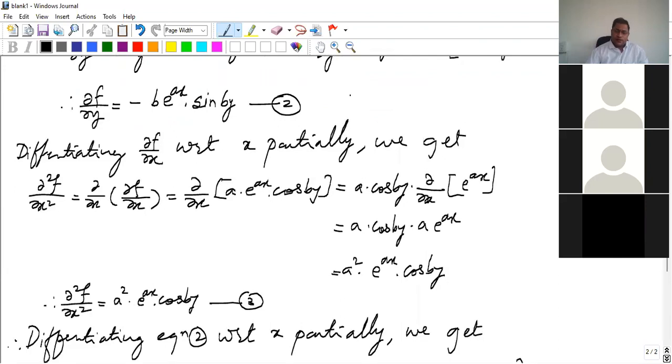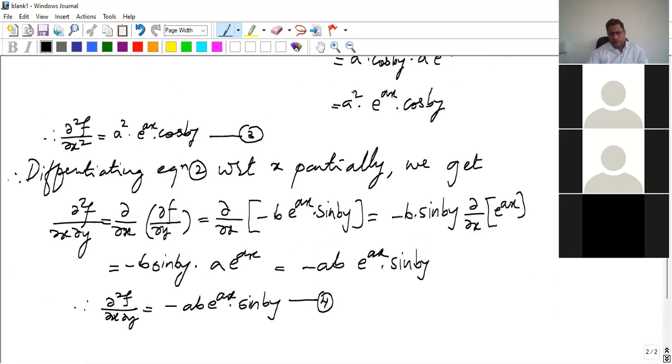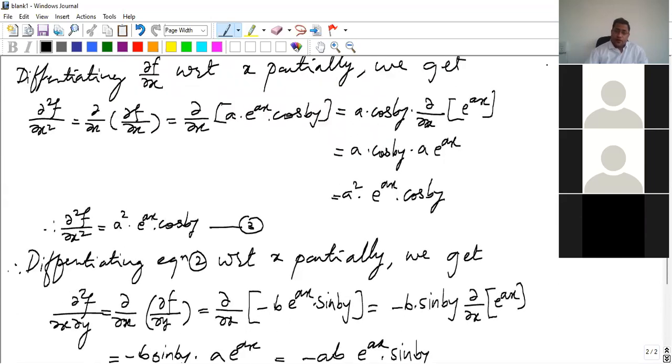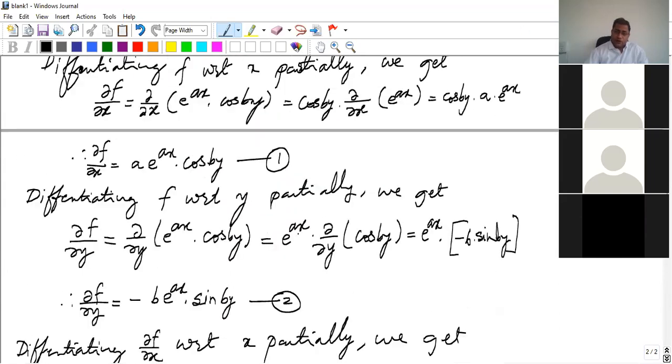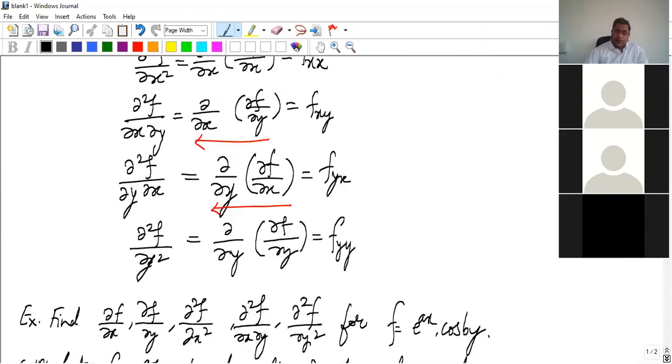Excuse me, sir. In the final equation, you wrote ∂²f upon ∂x ∂y. Is it necessary to write it in order? Yes, it is necessary to write in order, because we have defined the second order derivative.